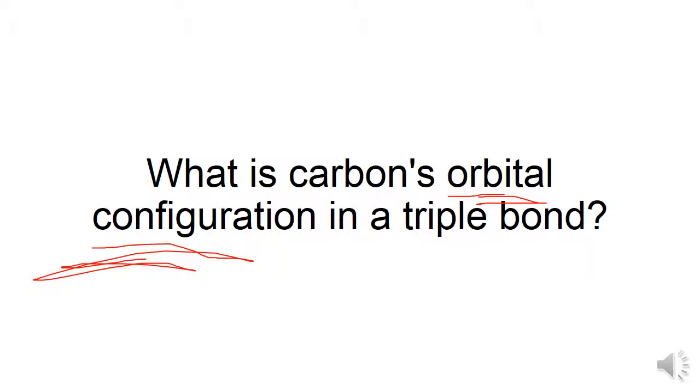So remember in a triple bond that carbon is sp-hybridized, meaning it's attached to 2 things, okay? Because you have an S and you have a P, so it's 2 things. And it has 1 triple bond to something.